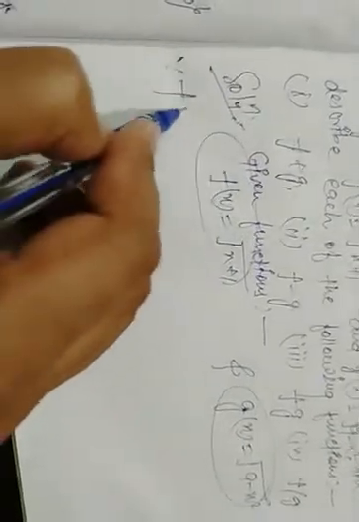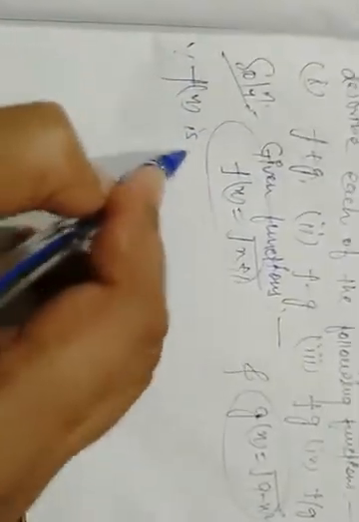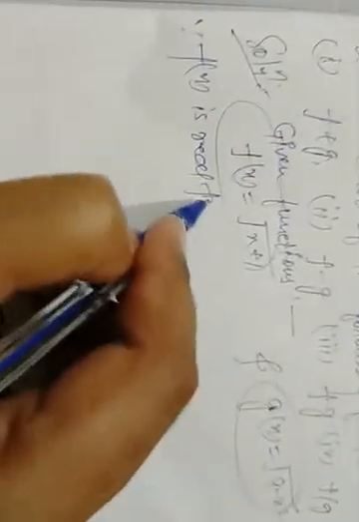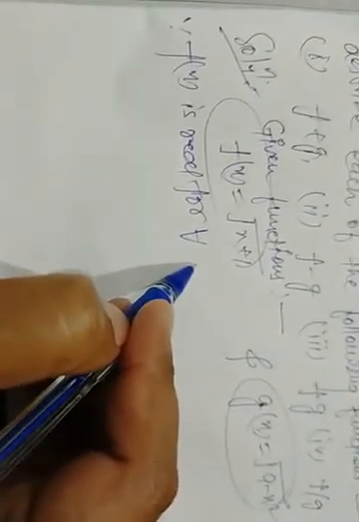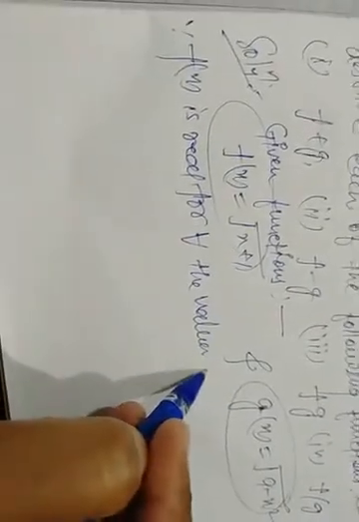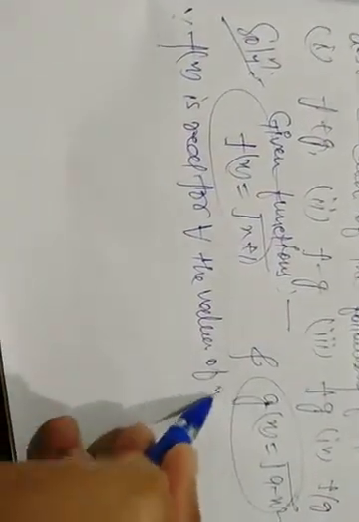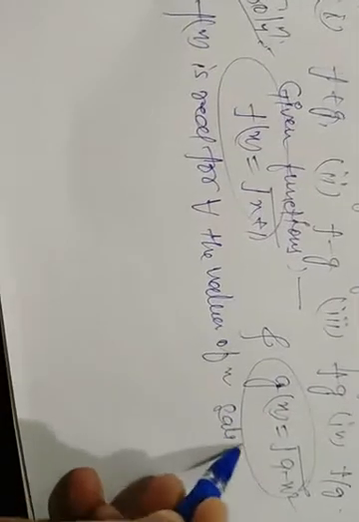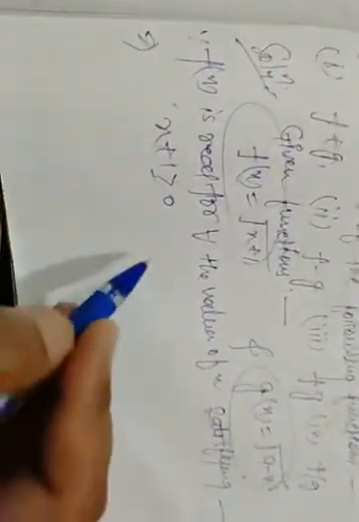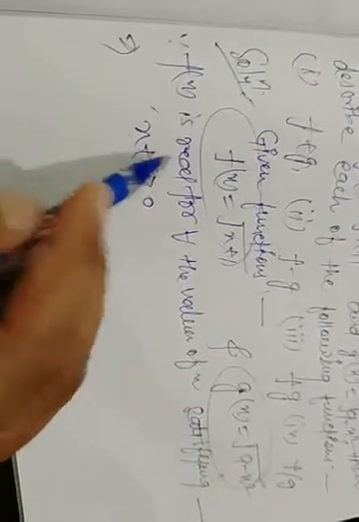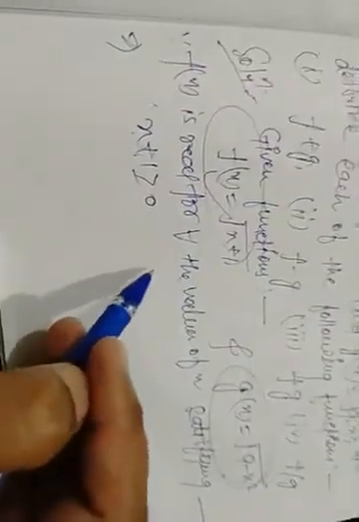Since f of x is real for all the values of x satisfying x plus 1 is greater than or equal to 0, for all those values of x the function f of x is real and defined.